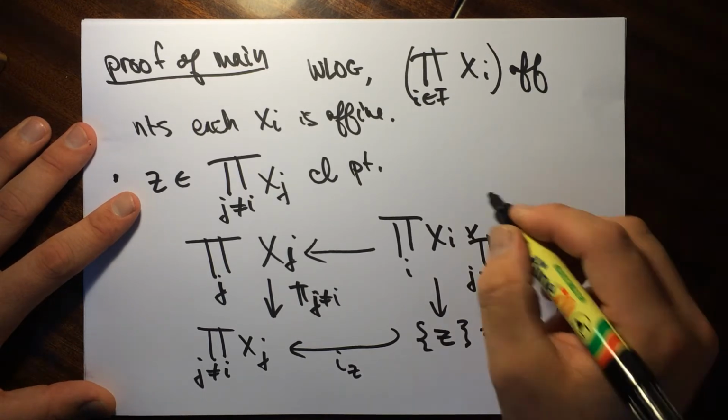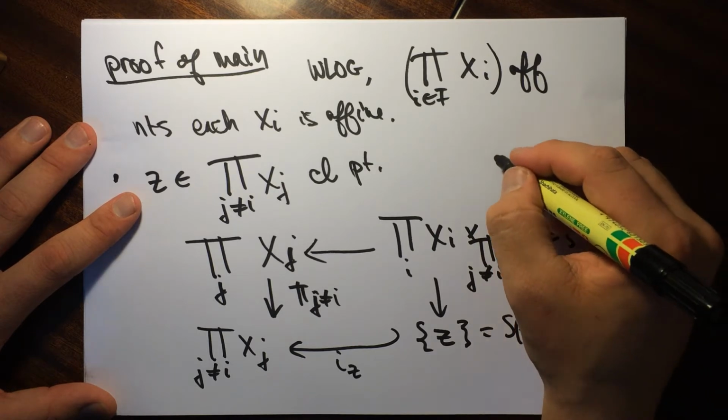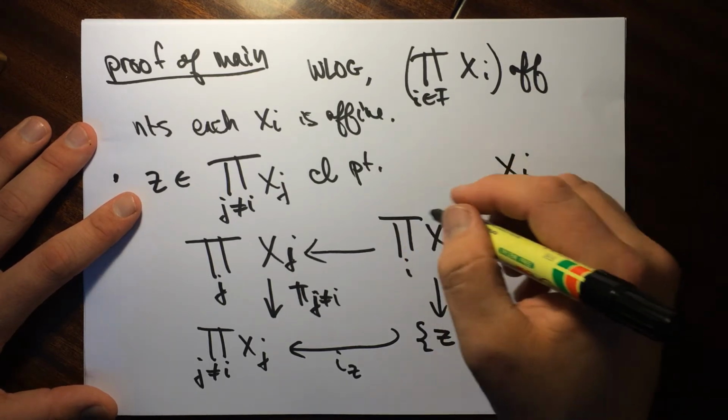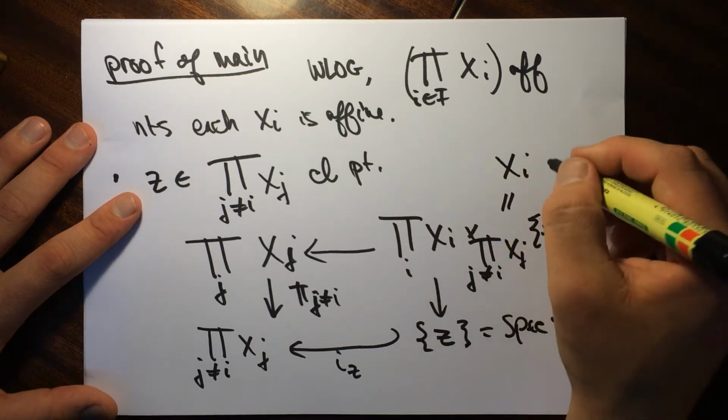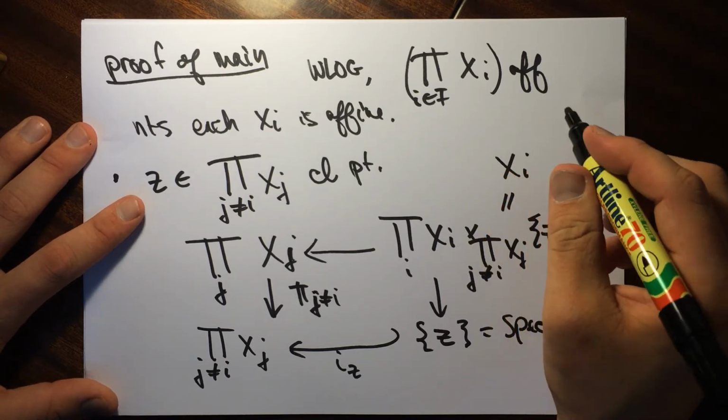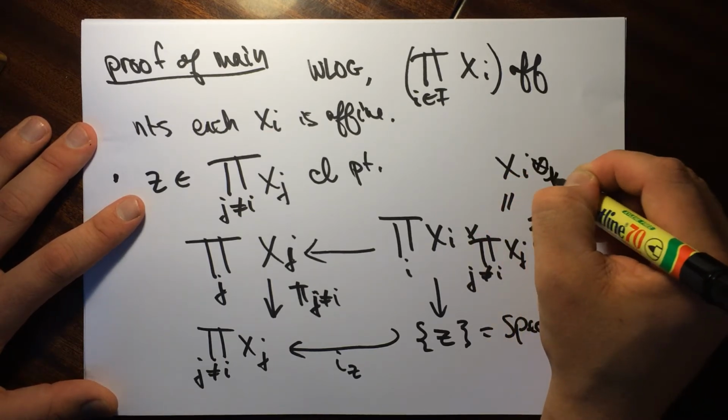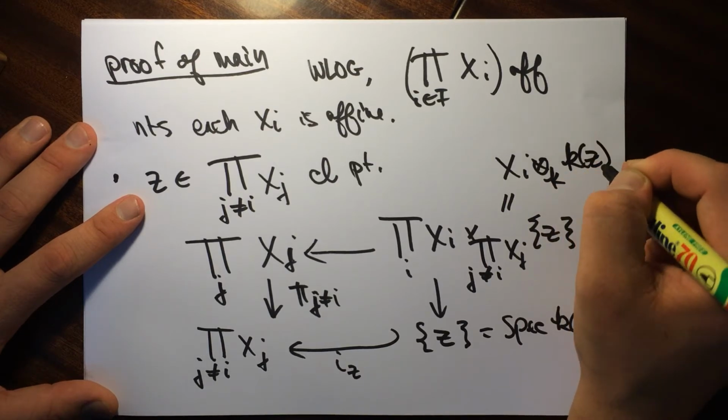And this thing is really just xi, so these all cancel, and this thing becomes xi base change to the residue field of z.